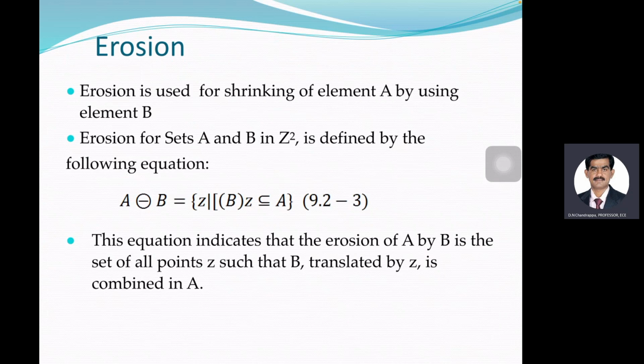Similarly, I can take an example of erosion. The structuring element we will consider is D by 4. First we can take set A, and the structuring element will become a square of D by 4. Then erosion of A by B here.